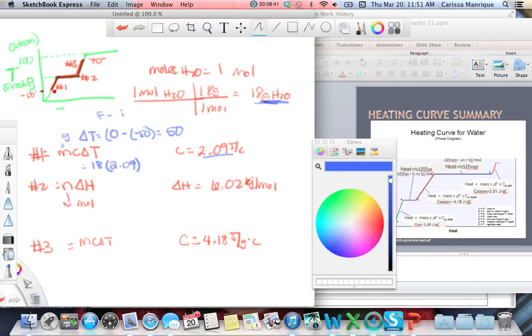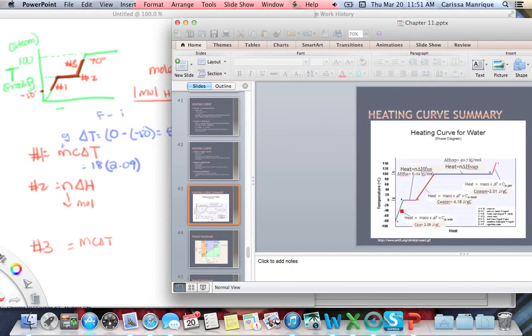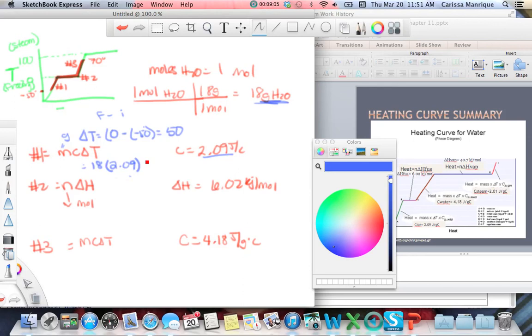Anytime you're looking at one area, like from here to here, you have to stop at each one. So we're not looking at the full temperature change, we're looking at the temperature change just in that one area, negative 50 to 0. That delta T is not negative 50 all the way up to 70. So here we have 50.